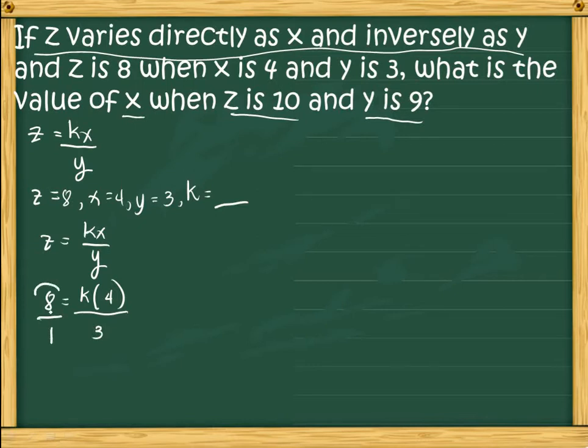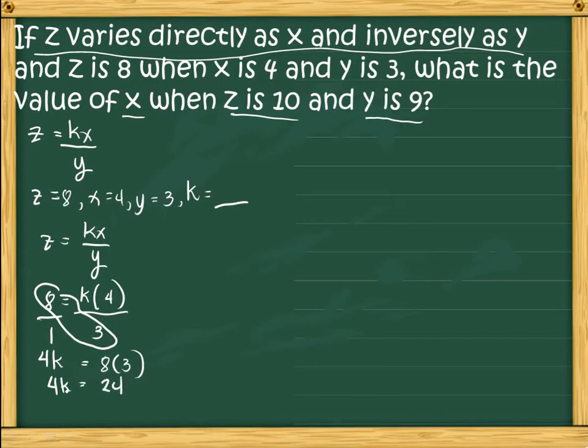Let's apply cross multiplication or cross product property. So this is 8 times 3. 1 times k is k times 4 is 4k. Let's simplify. This is 4k is equal to 8 times 3 is 24.